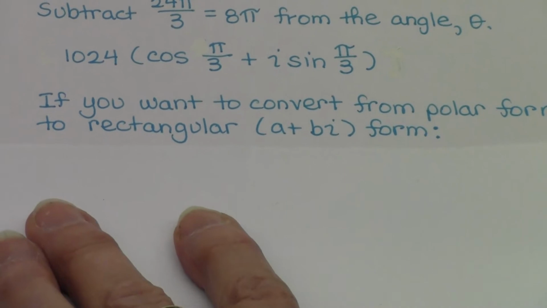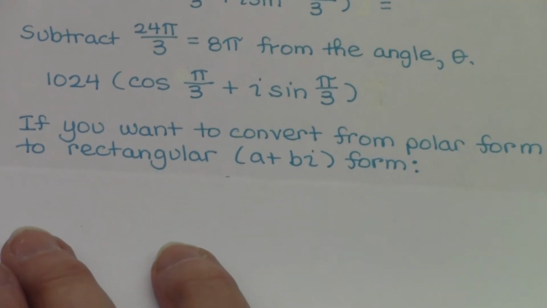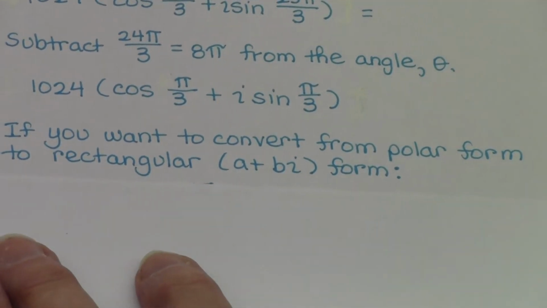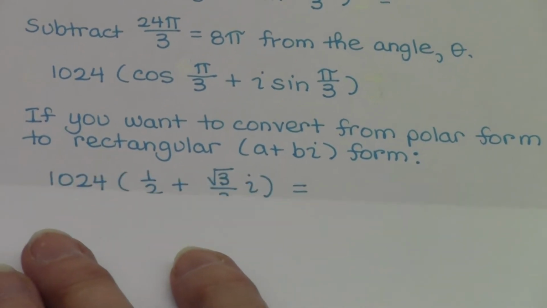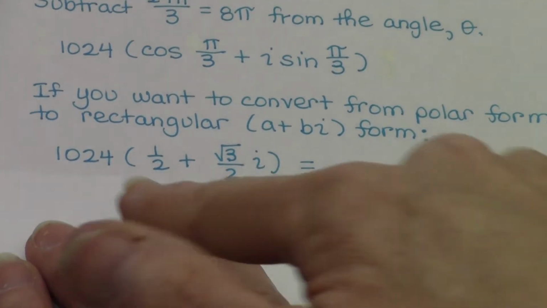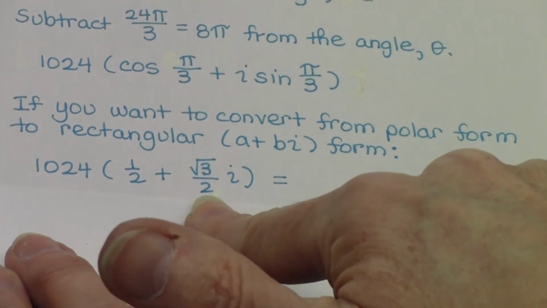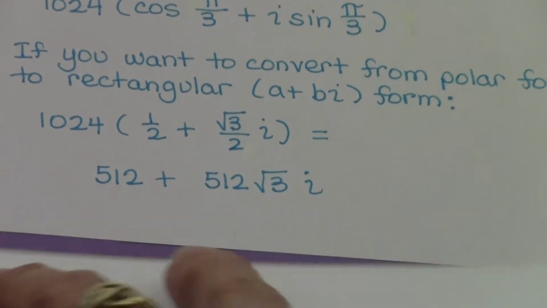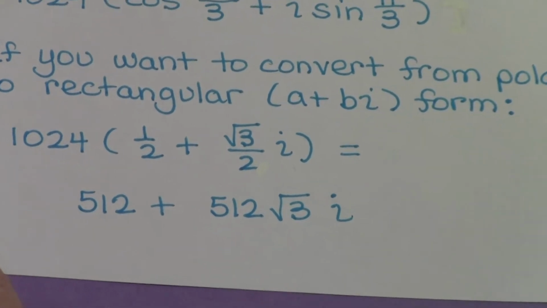And I probably shouldn't have shown you that so soon. What is cosine pi over 3? I hope you know. And sine pi over 3? Cosine pi over 3 is 1/2, and sine of pi over 3 is square root of 3 over 2. So you can distribute the 1024 to each one of those terms, and it gets a little more manageable: 512 plus 512 times radical 3 i.